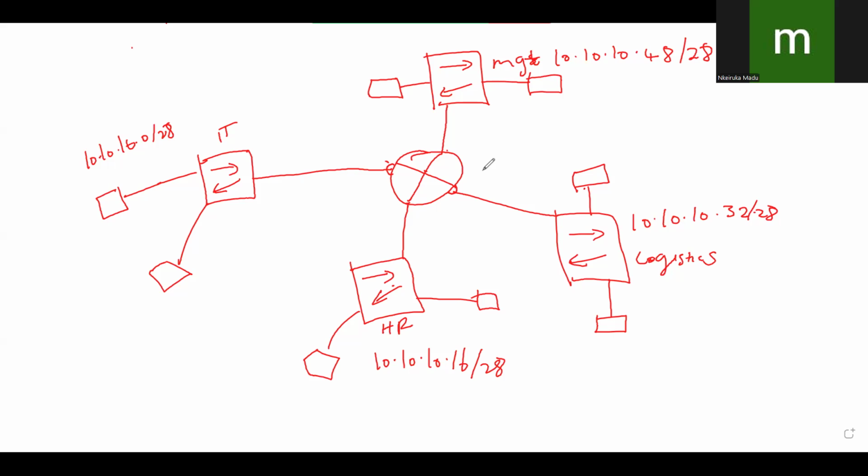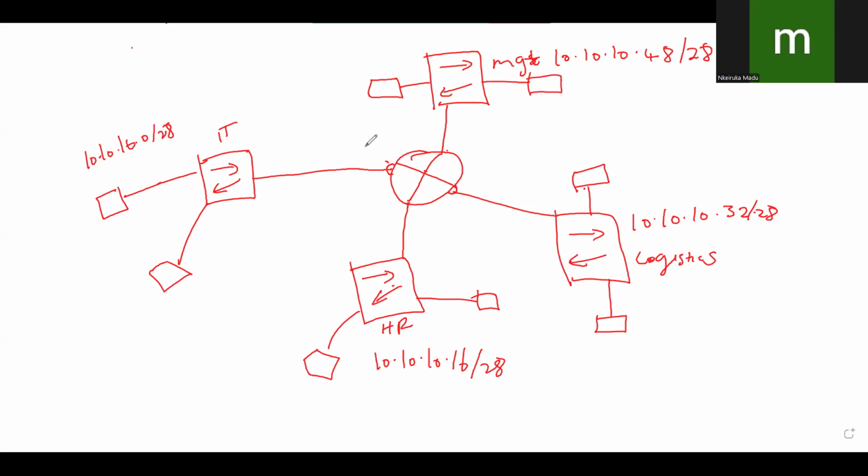T1, I come to you. Tell me, on the IT network, give me one IP address that I can give this interface. Remember, just give me any IP address; we will address the conflict later.